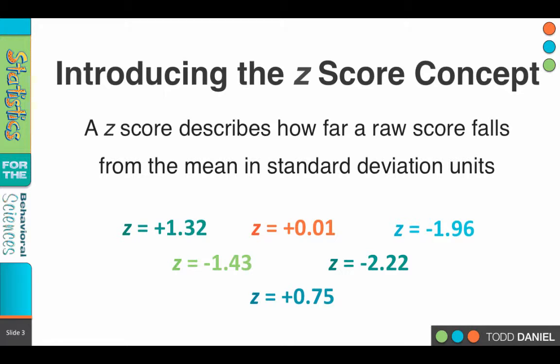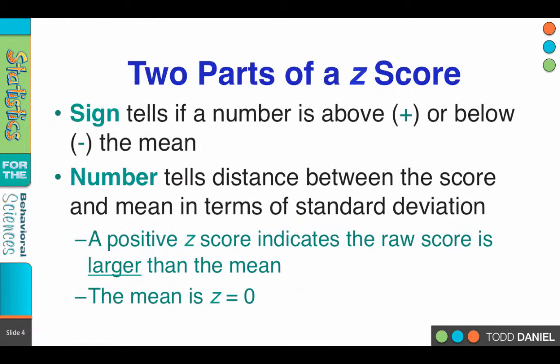First, let's take a look at these z-scores. What you see are 6 examples of z-scores. A z of a positive 1.32, or a z of a positive 0.01, or a z of negative 1.96, and so on. Now there are some things about these z-scores that you should notice that are common to all z-scores. First is the sign.